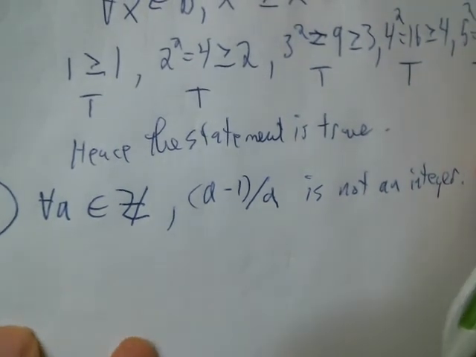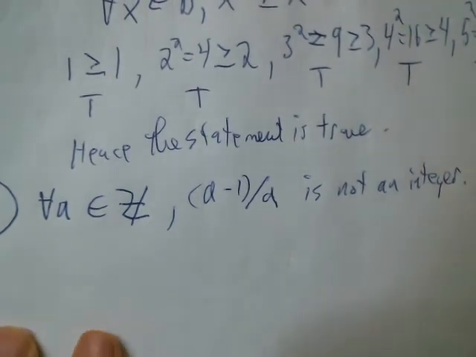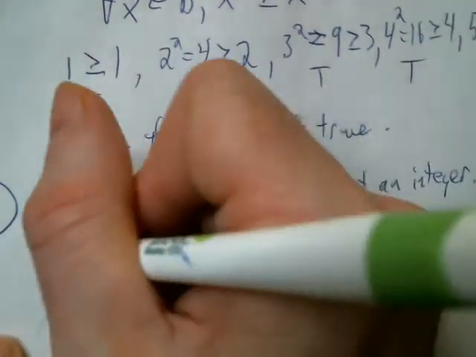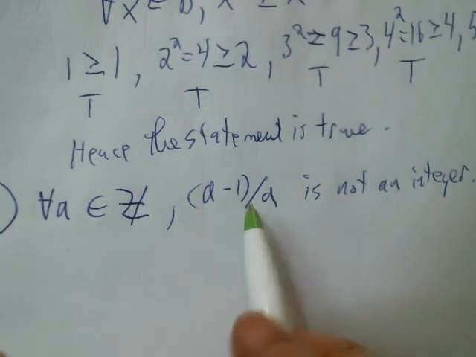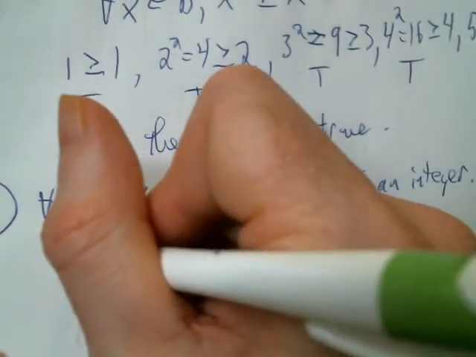Okay, so we need to find a counterexample, and so I'll say you want to find a number in the domain where this doesn't work. Okay, you only need one of them.